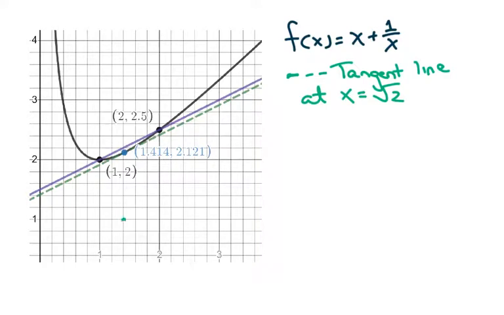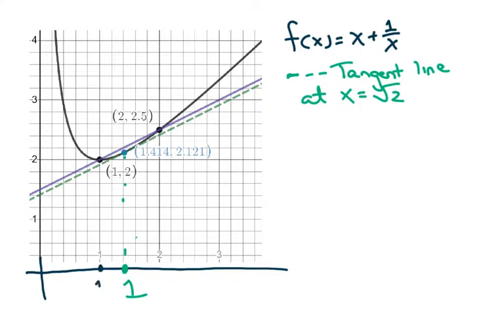Square root of 2 is right about here. Well, we don't get to see the x-axis, so it's down here. So let me put the square root of 2 down there on the x-axis. This is here, square root of 2, right about here.